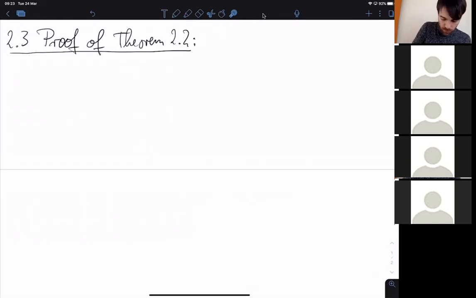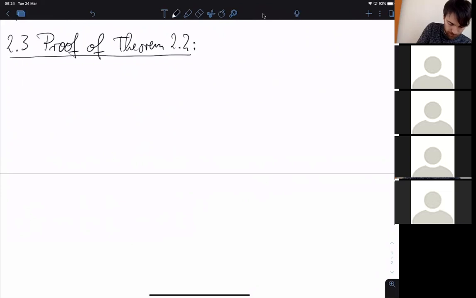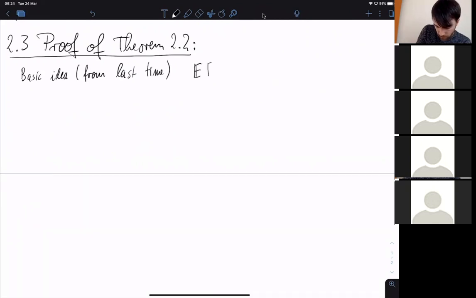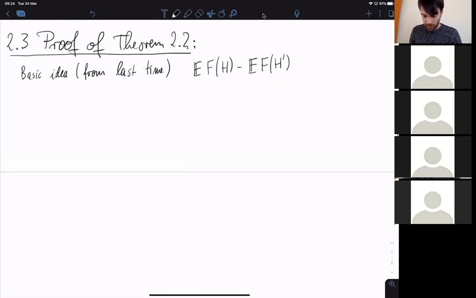Okay, so now we want to go into the proof, and what we already discussed last time is that in some sense we have to control derivatives. So we want to compare. We want to write everything in such a way that we have an expectation of a function f, which is not the little f we had before, but we will see how to choose it.